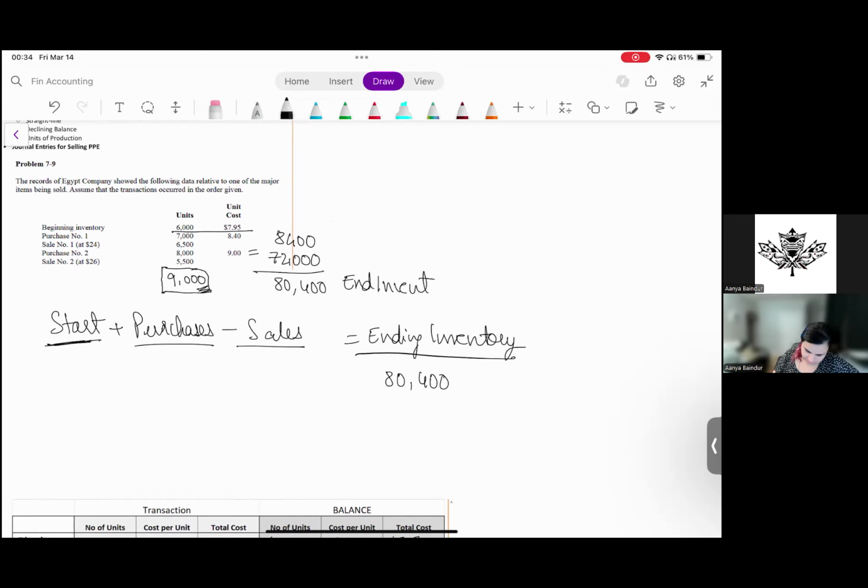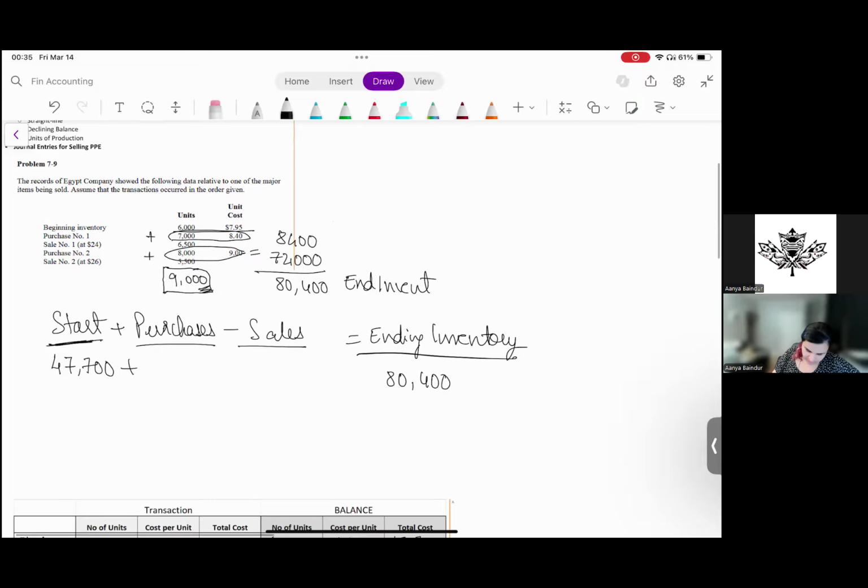That gives us 47,700. To that, we add the purchases. The purchases are these two values, so let's add those two up: 7,000 times 8.4 plus 8,000 times 9. That gives us 130,800. Subtract from that the sales.